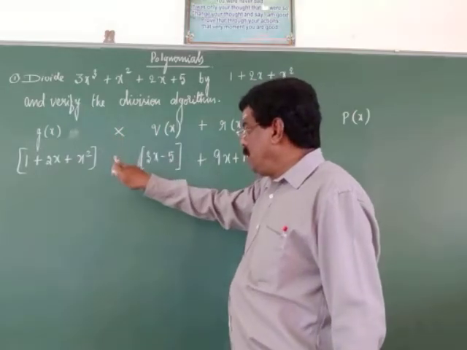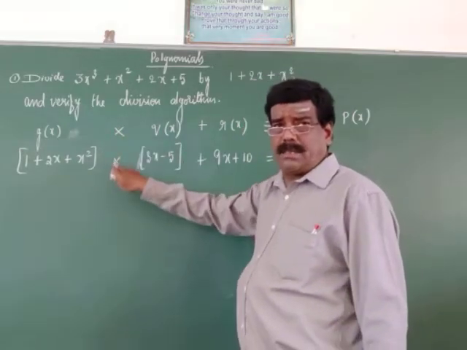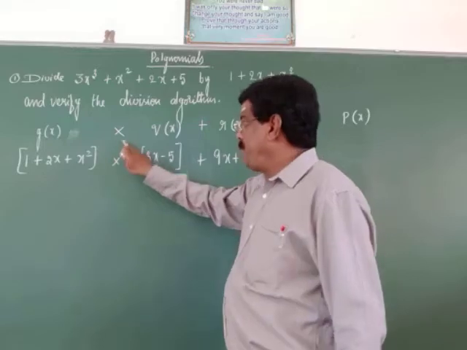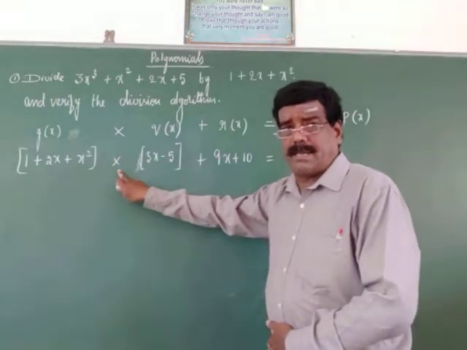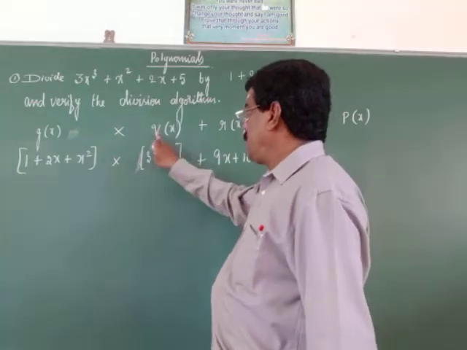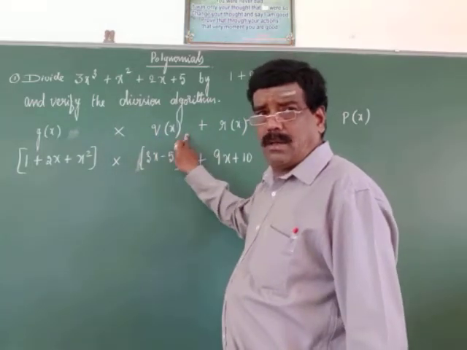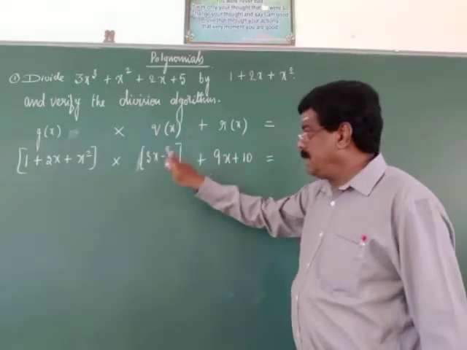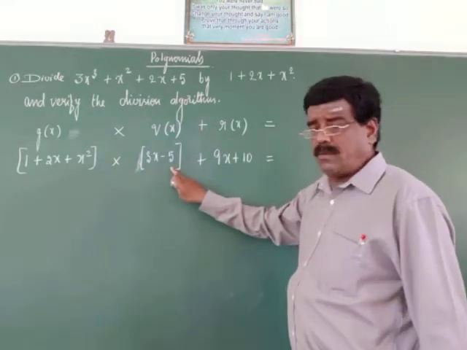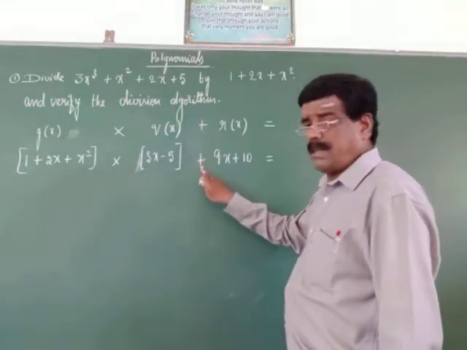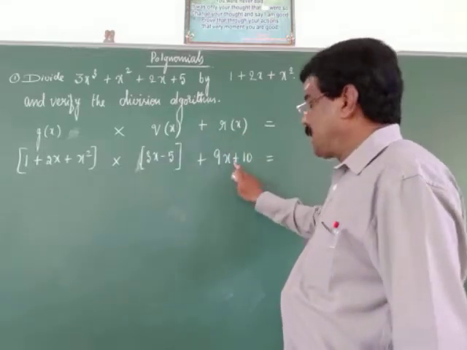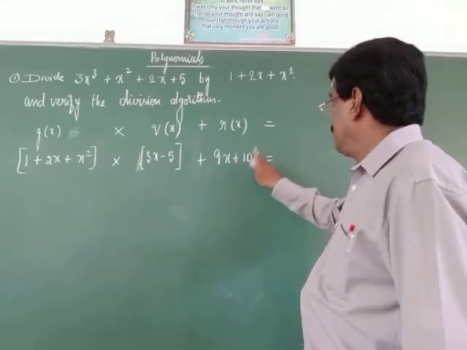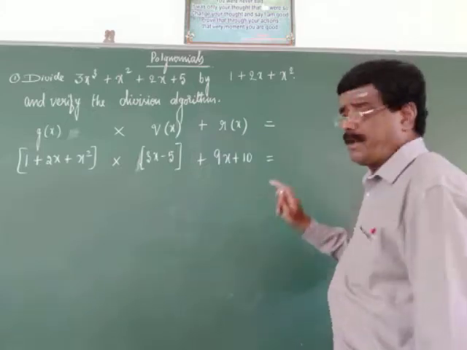Again this into below should come neatly. Try to understand here, because if you understand one sum neatly, you can proceed. All other sums you get perfect answers. Similarly, q of x. Q of x you already found. It is 3x minus 5. Again plus you write down. R of x means remainder of x, you already got 9x plus 10, equals this polynomial of x.